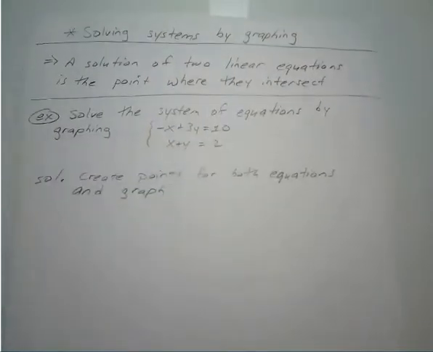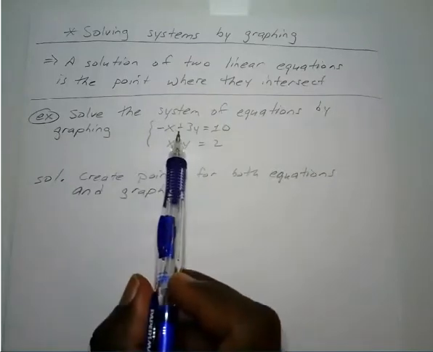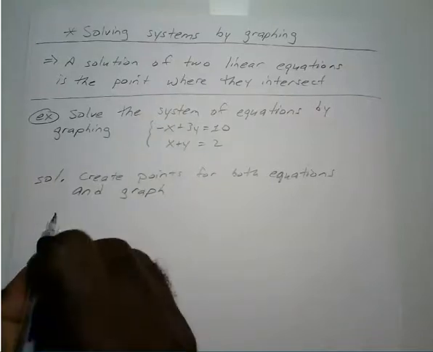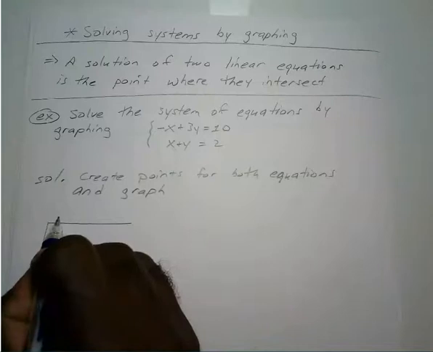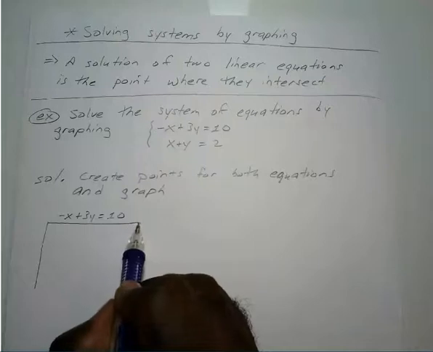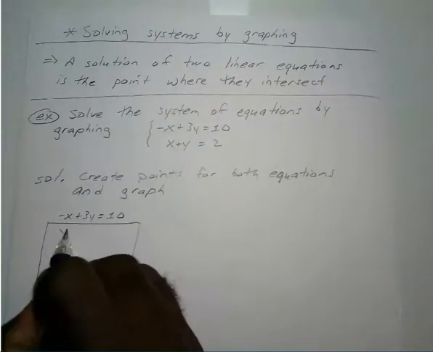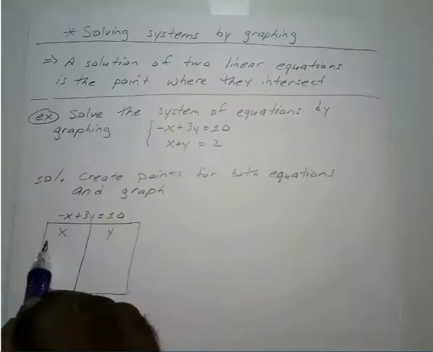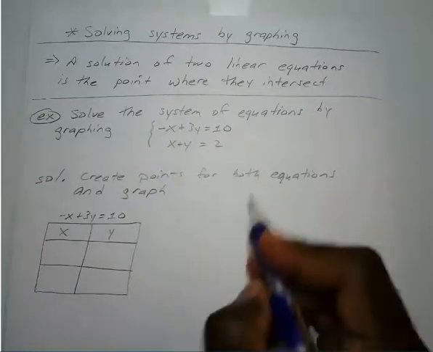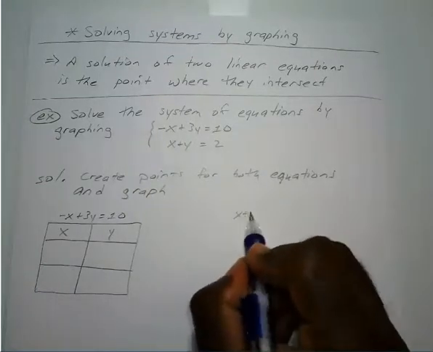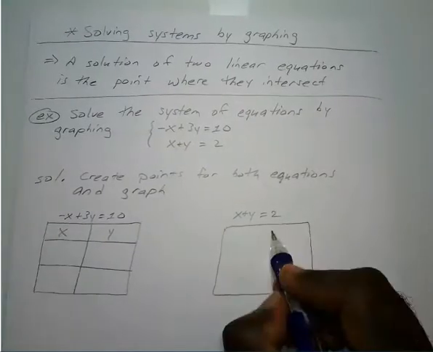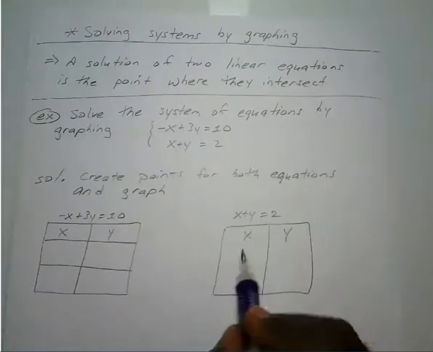First, we're going to get our points for negative x plus 3y equals 10, with our x and our y. And for x plus y equals 2, we also have our x and our y.